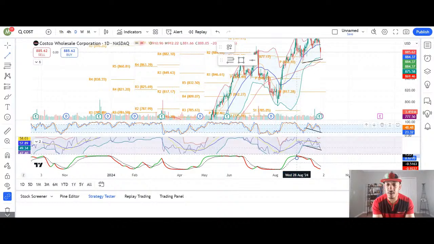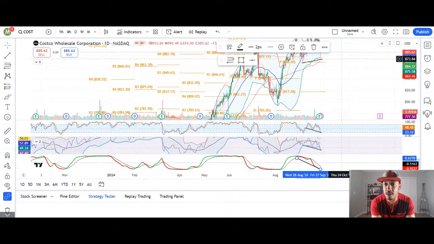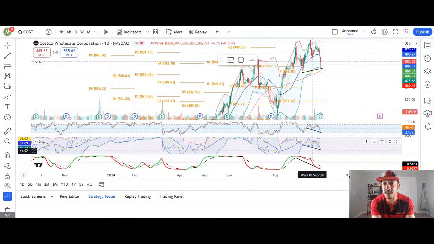So we're oversold. We're oversold according to the Bollinger Band on the RSI. We have a divergence where the stock is making higher lows and the indicators are making lower lows. So let me rewind so I could show y'all what the divergence is and y'all can see what I'm talking about.